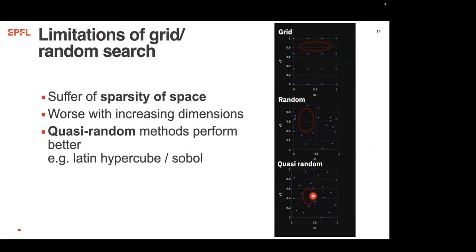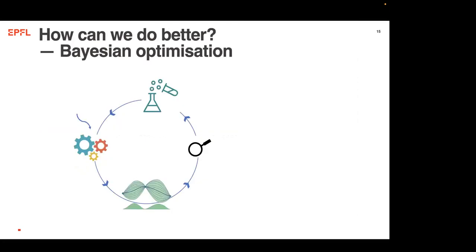And you see how the quasi-random methods better cover the whole space. So if you have to initialize your search space, it's typically better to use a quasi-random method like Sobol or Latin hypercube. How can we do better?